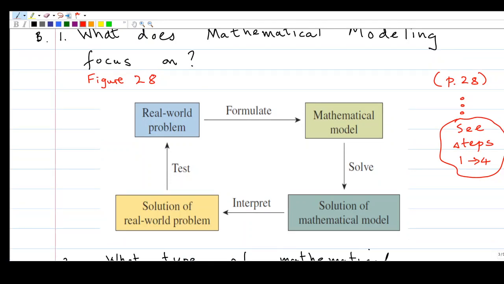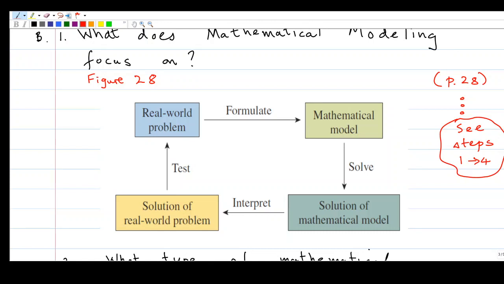So solving it is not just good enough. What you need to do is now interpret that solution of the mathematical model as a solution of the real world problem. And then you test it in the real world problem. That is how mathematical modeling is undertaken, right?